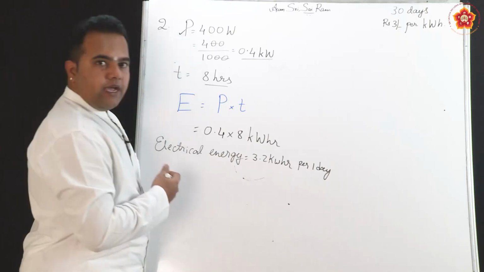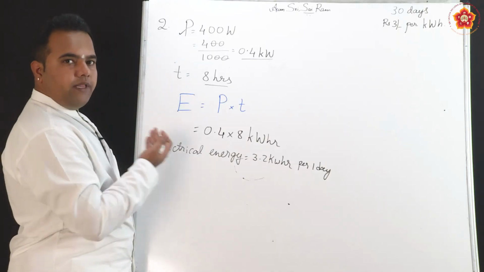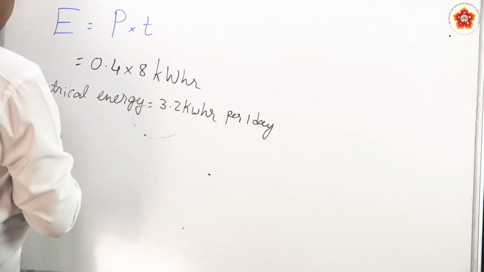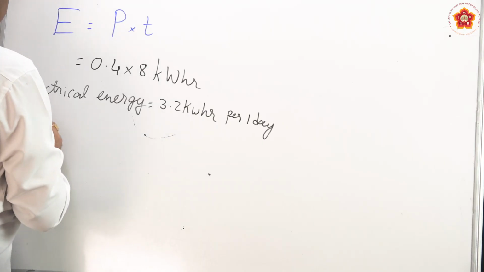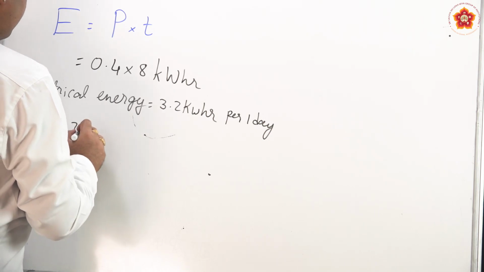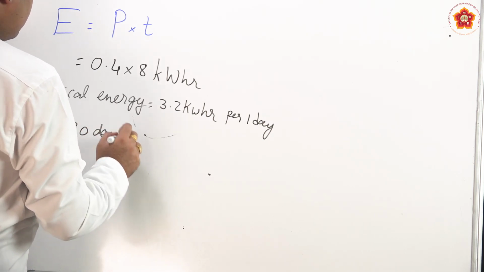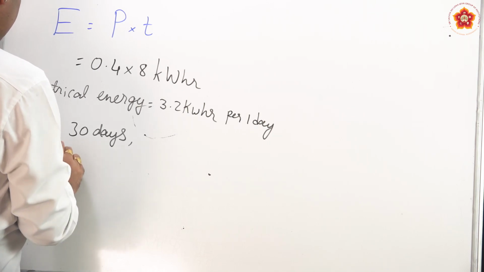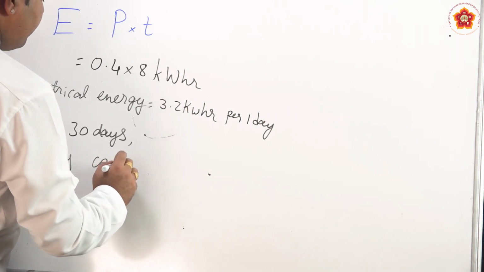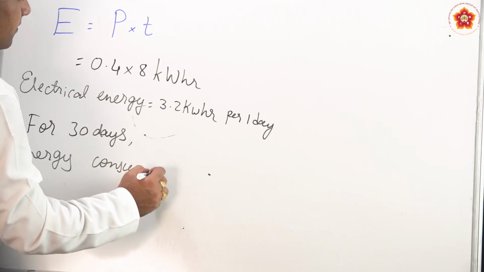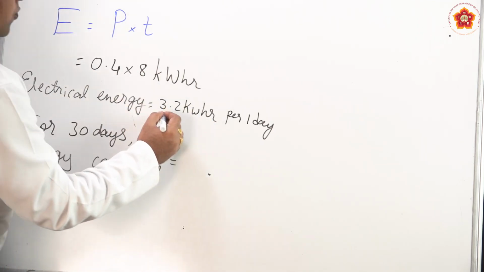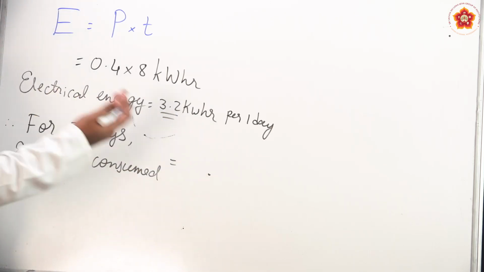Now, they are asking us to calculate for 30 days what will be the energy consumed and the cost of 30 days consumption. So, for 30 days, electrical energy consumed will be, so for 1 day I know 3.2, for 30 days it will be 3.2 into 30.